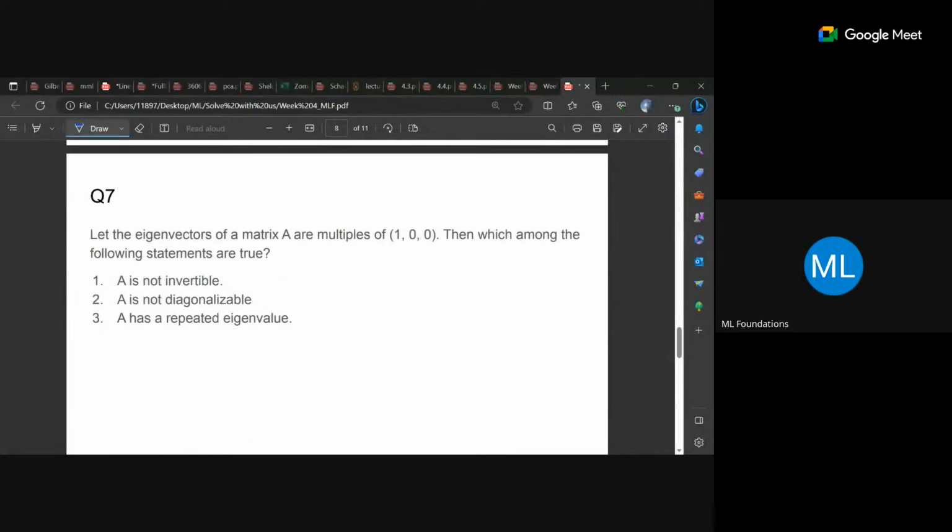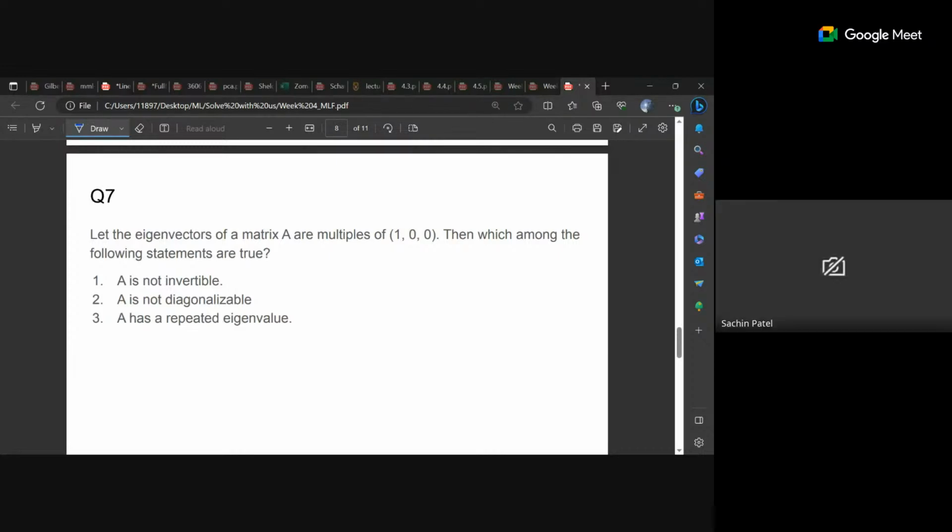What about this one? A is 3 cross 3, ma'am. A is a 3 cross 3 matrix. So A is not diagonalizable.